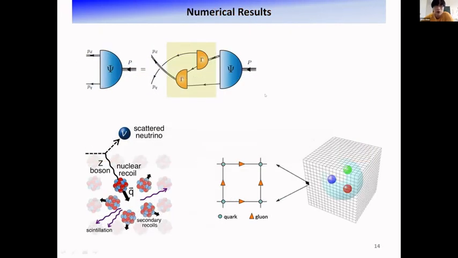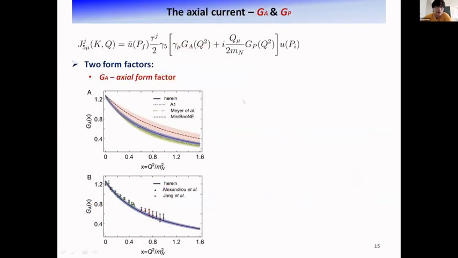Okay, I will show you our numerical results in the quark-diquark framework, and also compare our results to the experimental and the lattice results. Let's begin with GA, the axial form factor.